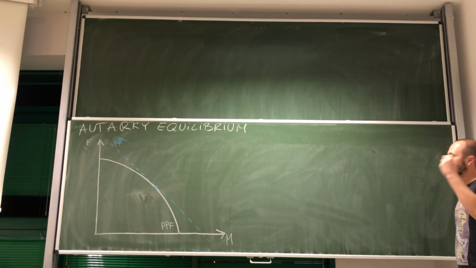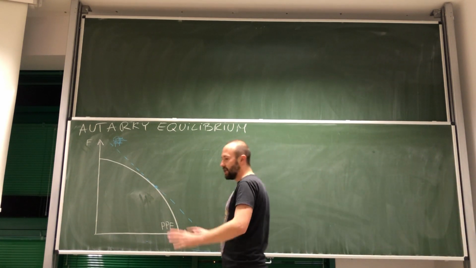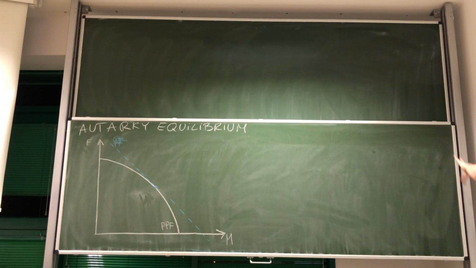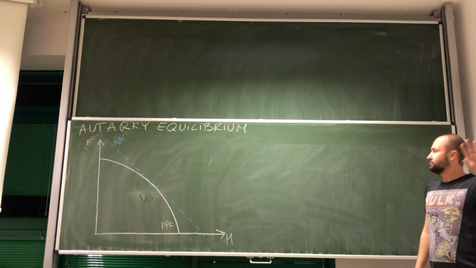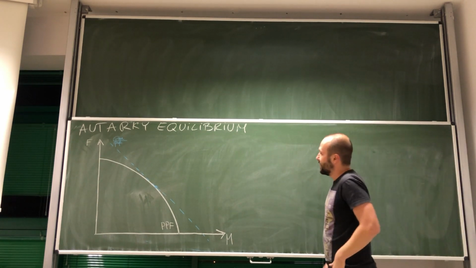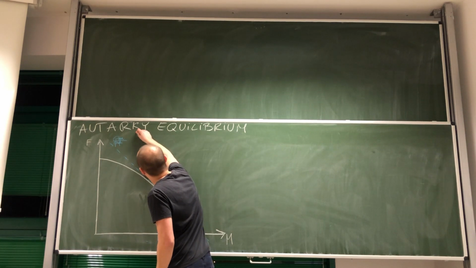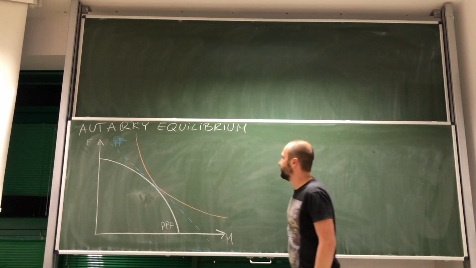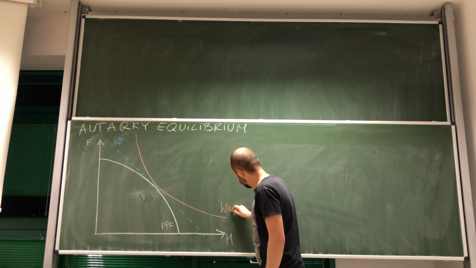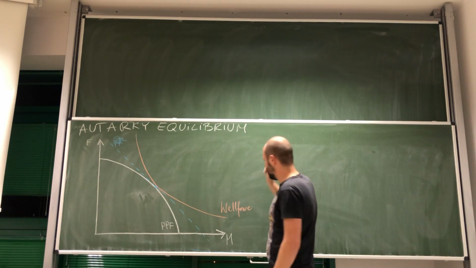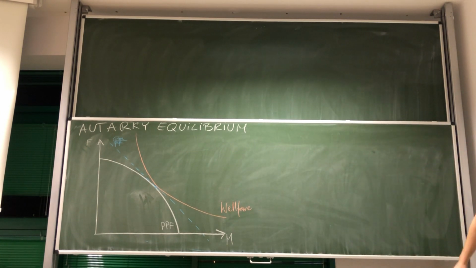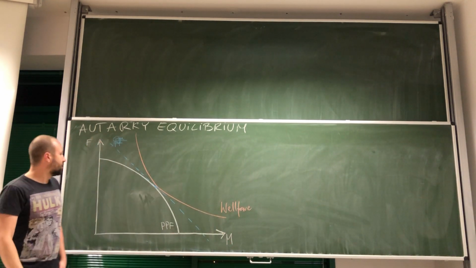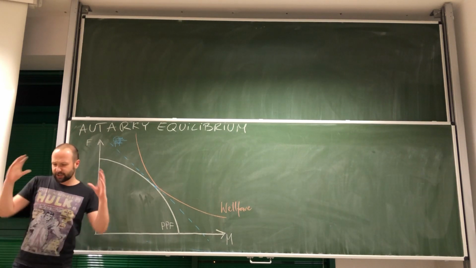And because we said we've got homothetic preferences, individual indifference curves can be aggregated into one big indifference curve that we're going to call welfare for now. And this is giving us our full equilibrium. So, this is how graphically we can describe equilibrium in the neoclassical model when we have autarky, when we just have one country.